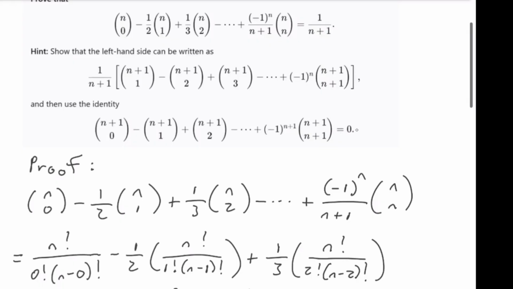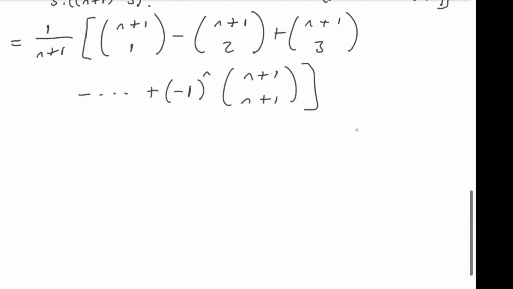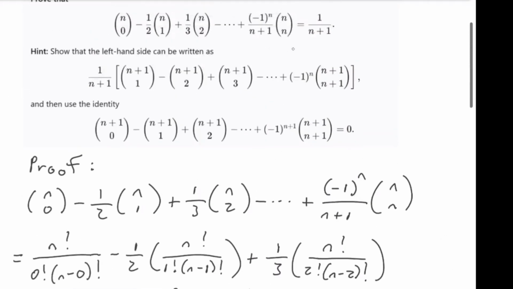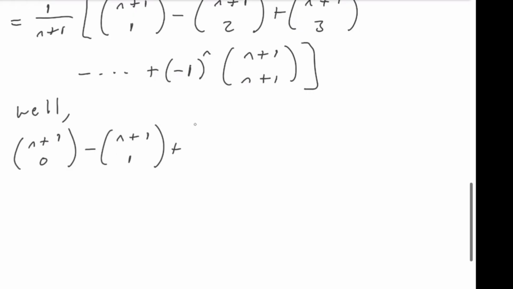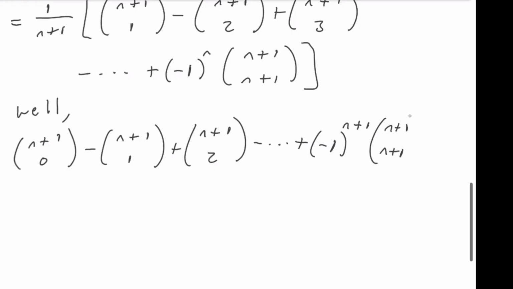This is equal to 0. So let's go off on a tangent, because of course this here has to equal 1 for the equality to be true, right? So let's go ahead and take a look at this. Well, n+1 choose 0, minus n+1 choose 1, plus n+1 choose 2, minus, plus (-1)^(n+1) times n+1 choose n+1 is equal to 0, right?